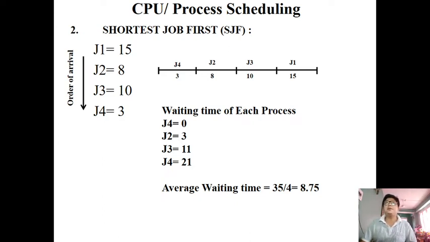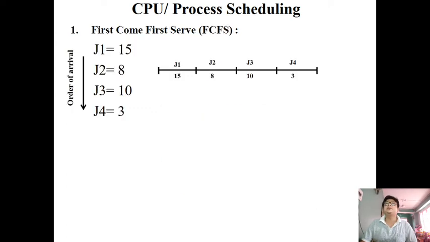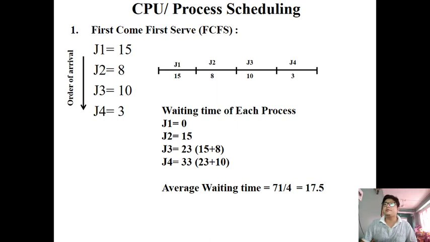So if I compare the average waiting time, that is 8.75 using SJF and 17.5 using FCFS, we can easily say that SJF performance is better than FCFS because it has less average waiting time as compared to FCFS, right?